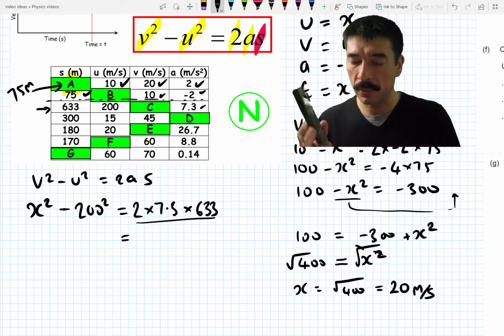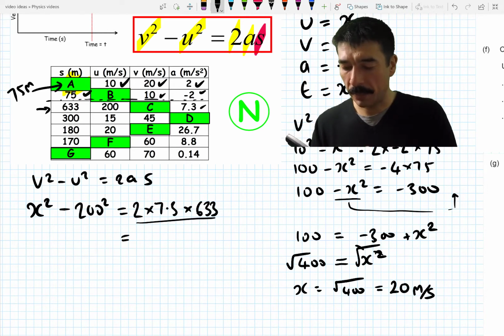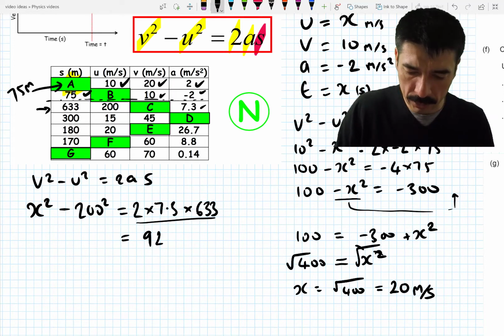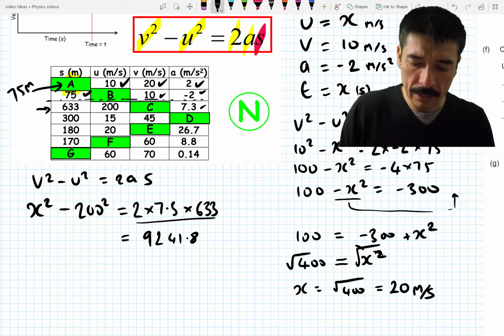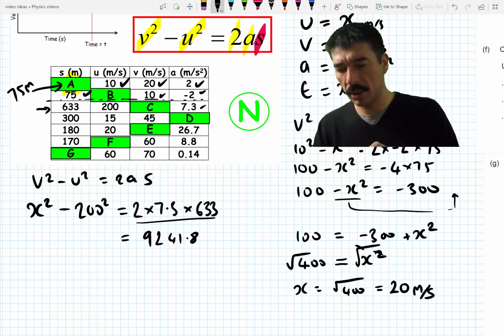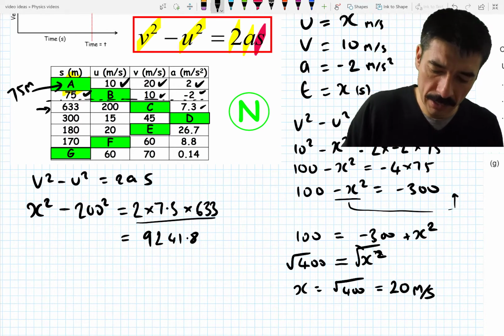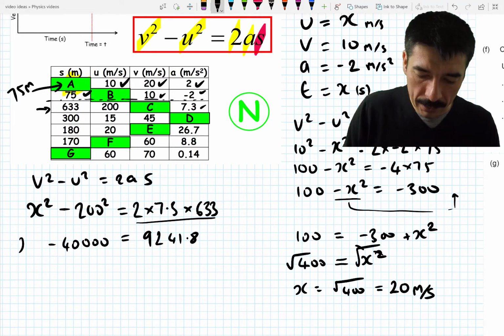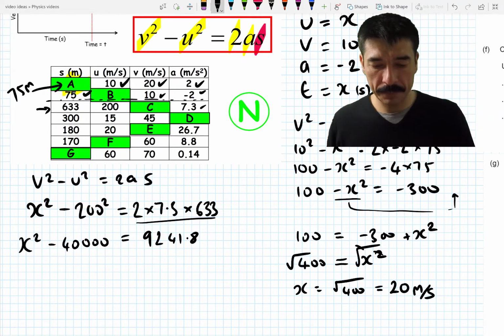So off we go. 2 times 7.3 times 633 equals a big number, 9241.8. 200 squared, that's going to be 40,000. So 200 times 200 is 40,000. So minus 40,000, and x squared, right?